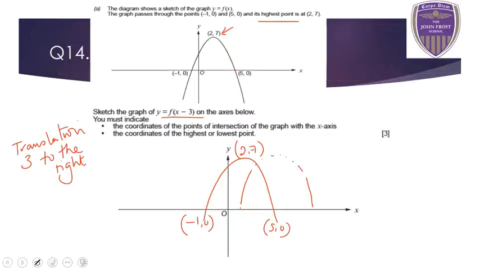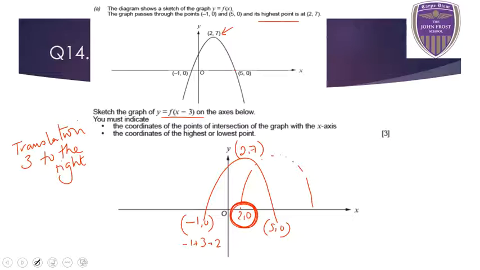Okay, so if I start with the minus 1 naught, if it's moved over 3, minus 1 add 3 will give me 2. So that's going to be 2 naught. Okay, I've circled it, but I suppose it should be in brackets because they're coordinates.